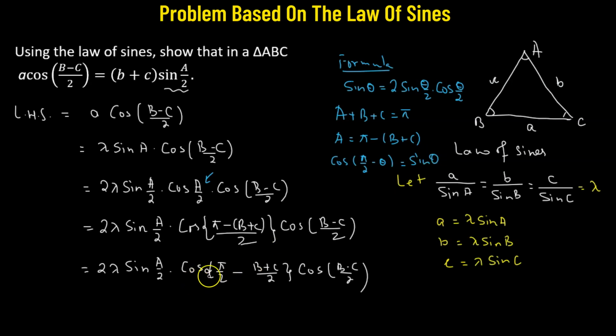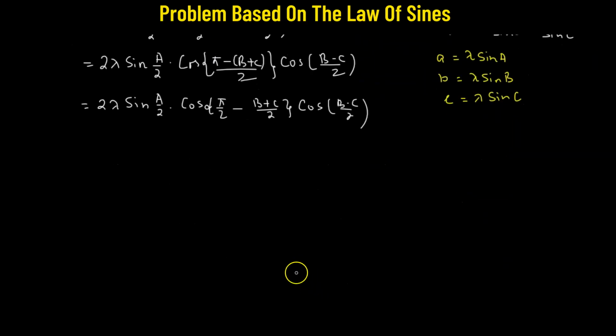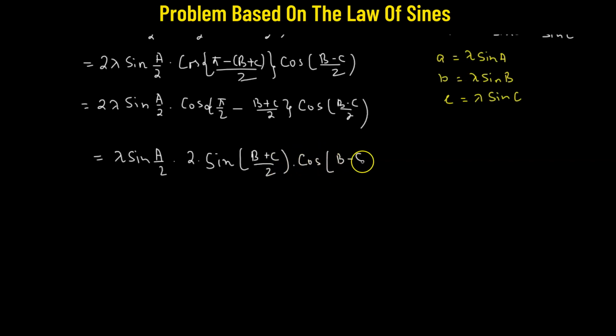So we can replace cosine of (pi over 2 minus (B plus C) over 2) with its equivalent sine, and then we'll get sine of (B plus C) over 2. So now we get lambda multiplied by sine A over 2. We're going to use the 2 here, so this cosine converts to sine.